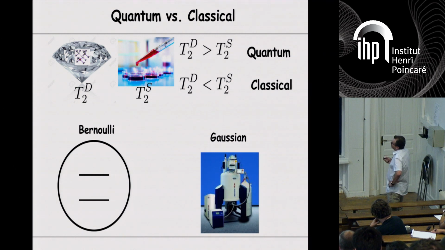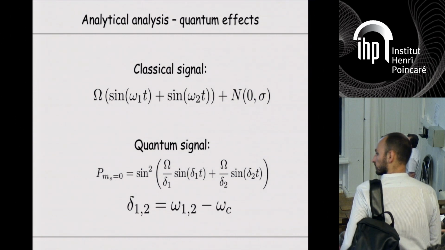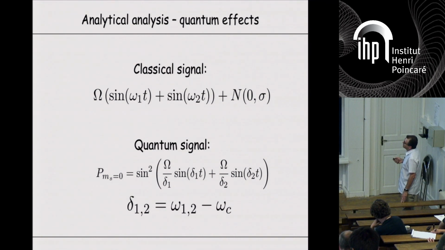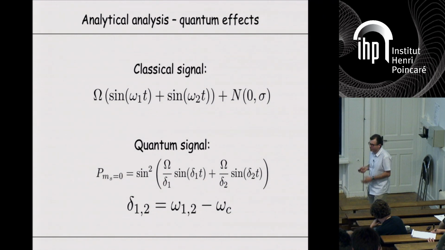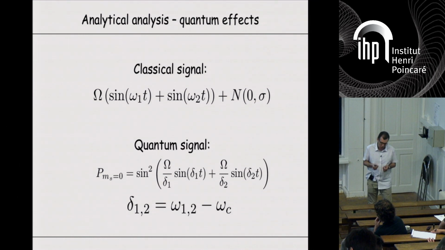So what could be the effect of this? The classical signal, suppose we have two frequencies, would be sine omega 1 t plus sine omega 2 t. Let's assume that it is the same signal strength, because if the signal strength is different, this makes the problem easier. There is another parameter with which we can differentiate between two frequencies.